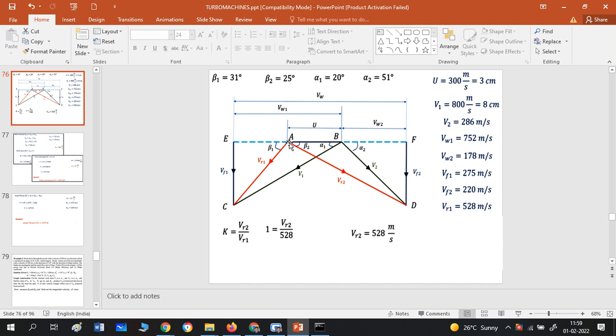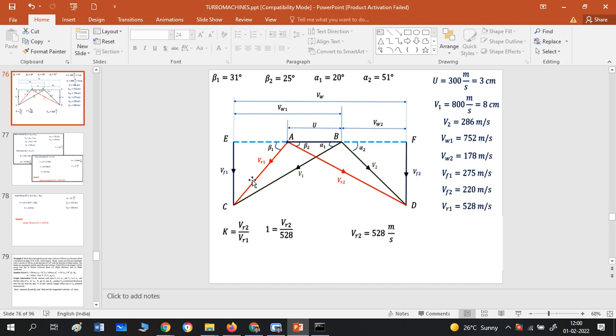So for this, using this vf1, once it is found out, they have told in the problem that VR2 and VR1 I can consider as one, or I can neglect the friction factor. So neglecting the friction factor, I can draw it as one.